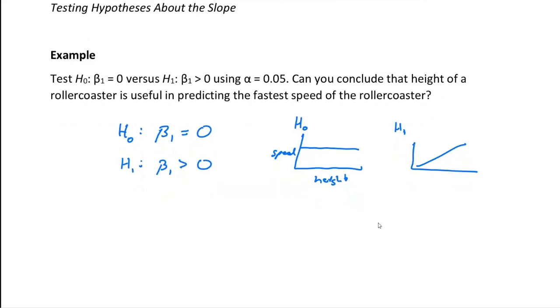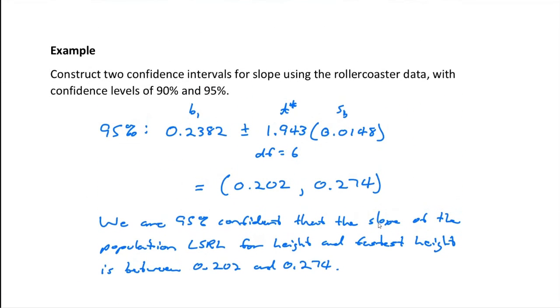All right, so how do we actually run this test? Well, again, we're going to find a test statistic. We're going to find T, okay? But T is found by taking B1 divided by S sub B, okay? So those same values that we found earlier, here's S sub B, here's B1, those same values are what we use to find T itself, okay?